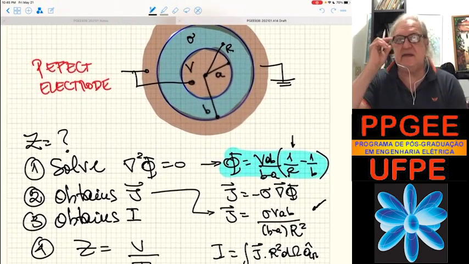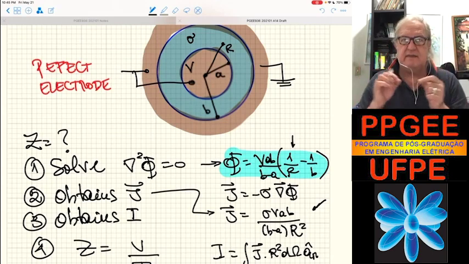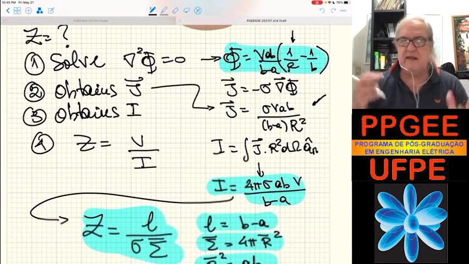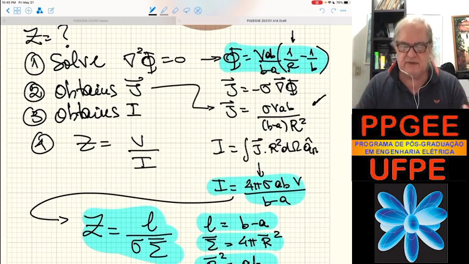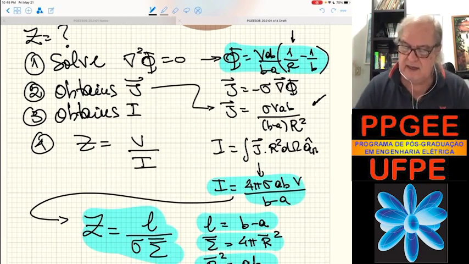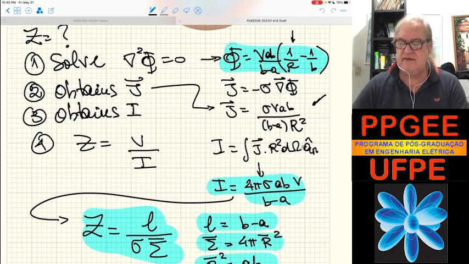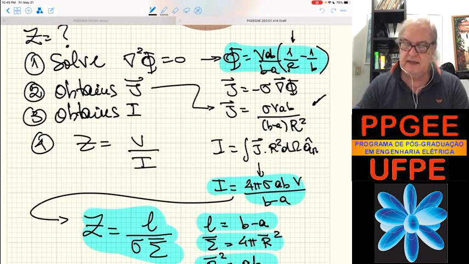You can pick any intermediate shell surface between A and B, at radius equals R, because it cannot depend on the radius. Charge conservation again. So we calculate J times the area of the surface, which is a vector in the R direction. This R squared here cancels that one, and the current is going to be given by this expression here.